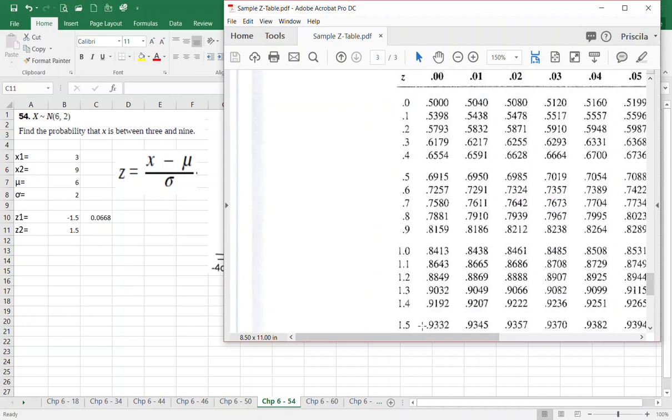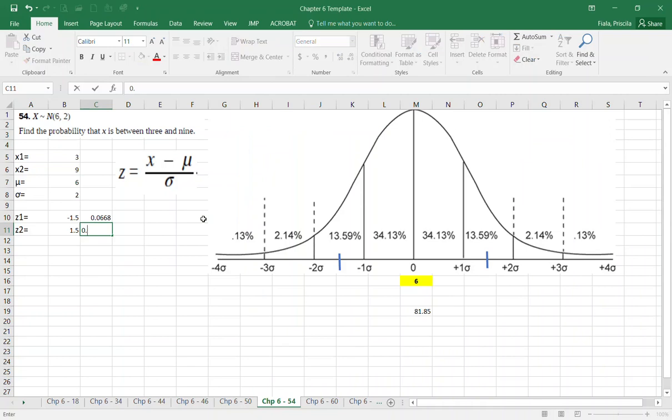You don't have any digits after, so we're keeping on the 0 header, and then your value is 0.9332. So it's saying that all this over here is 0.9332. And it's telling you that this over here is the 6%.